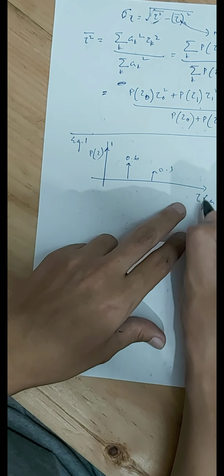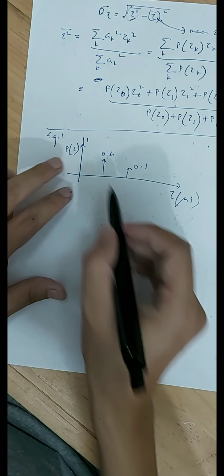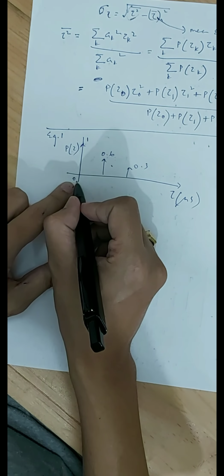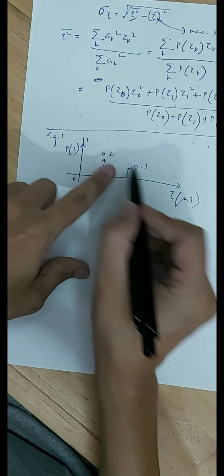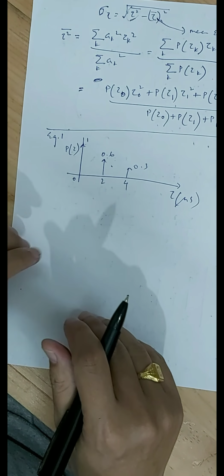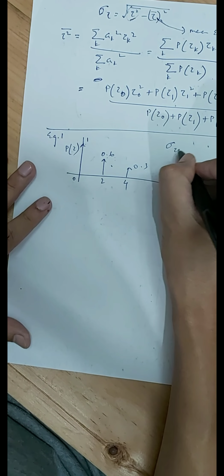Tau is in microseconds, and this is your amplitude. It is 1 at 0 microsecond, at 2 microseconds your received signal is 0.6, and at 4 microseconds your received signal is 0.3. So you need to find your sigma tau.